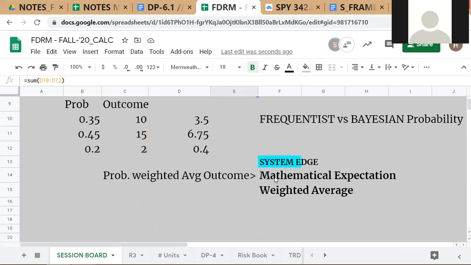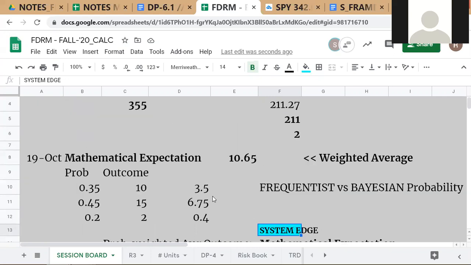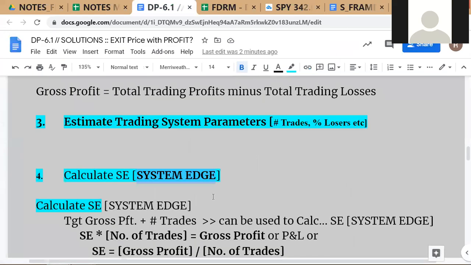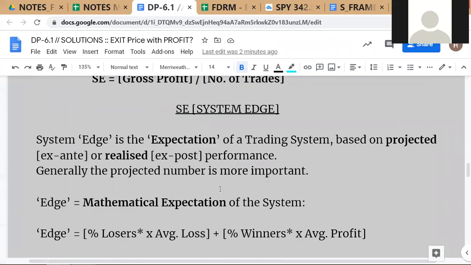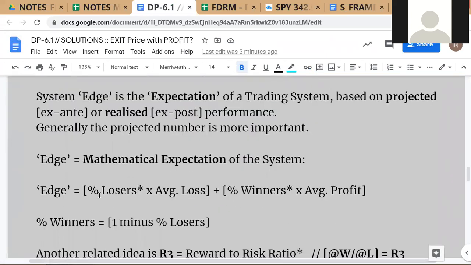So I want you to understand that these are all the same. In system edge also, it'll help you remember things much better if you understand the essential oneness of all these things. What are we doing in system edge? We are defining system edge as percentage losers times average loss, plus percentage winners times average profit. So this edge is nothing but the average outcome of the system.